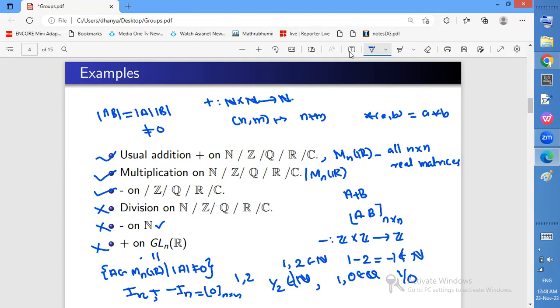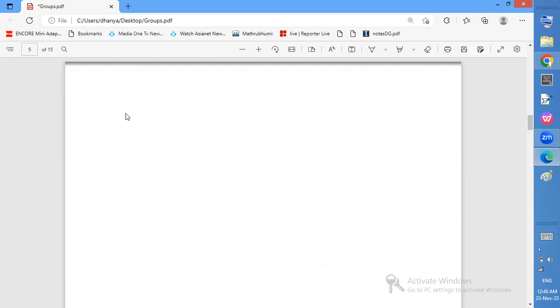Now, what if I am considering M(R)? Let us consider the set M(R). Here M(R) is the collection of all real matrices. Here we have no restriction on the order of matrices.